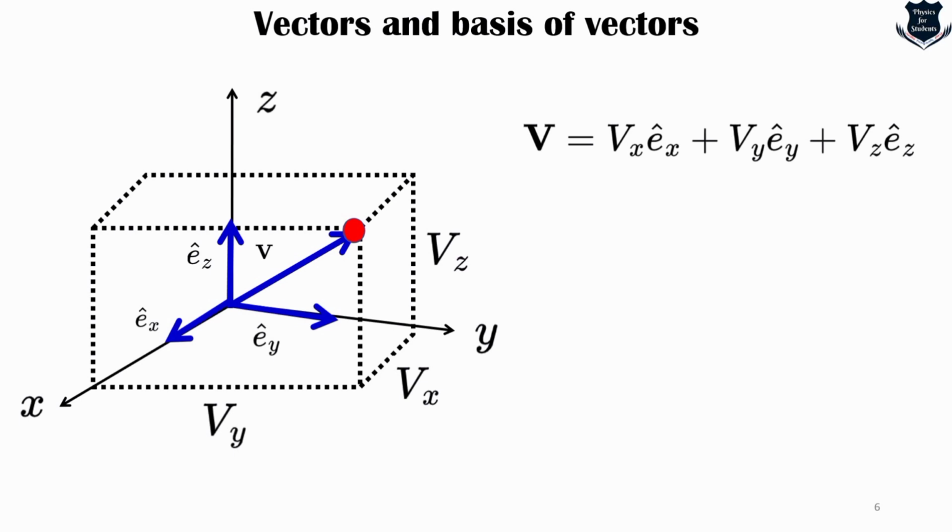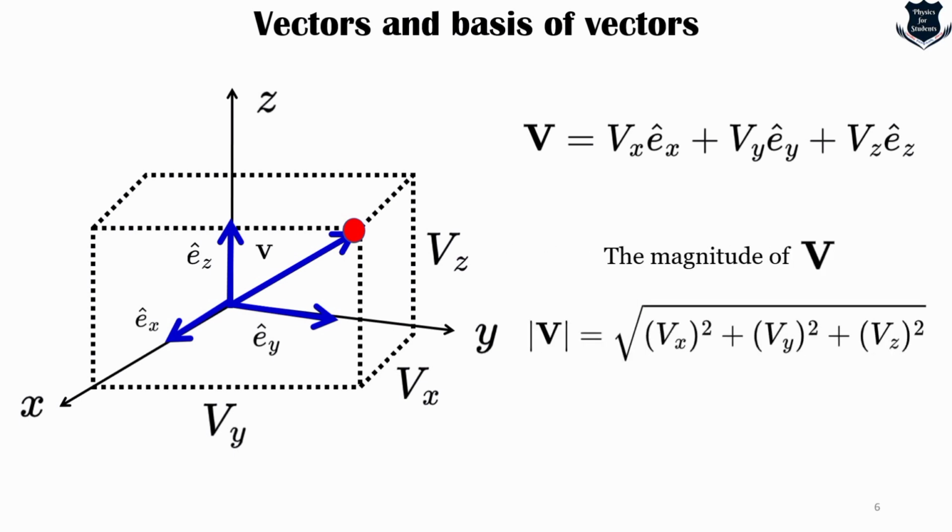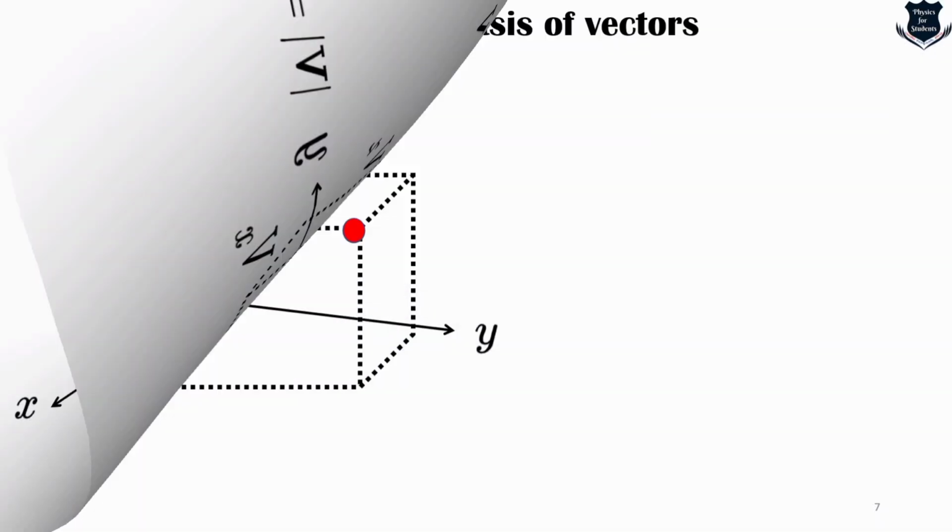Note that the subscripts X, Y and Z allow us to identify the 3 components, and the magnitude of V, that is the distance from the center to the red dot, can be calculated using Pythagoras' theorem.